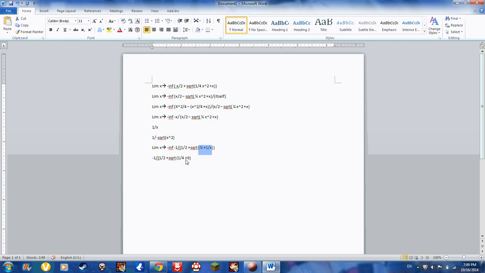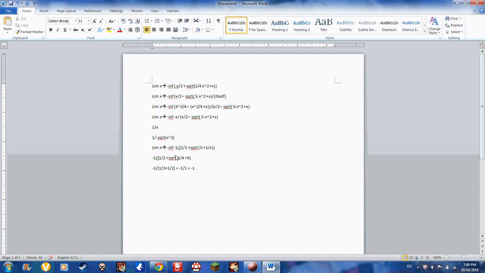Anyway, what you're supposed to get here is -1 over 1/2 plus 1/2, since that's the square root of 1/4 right there.